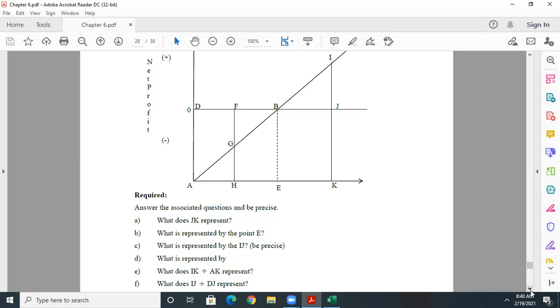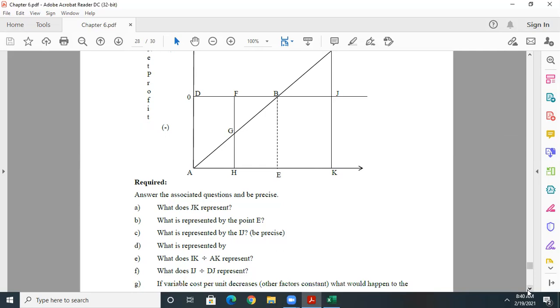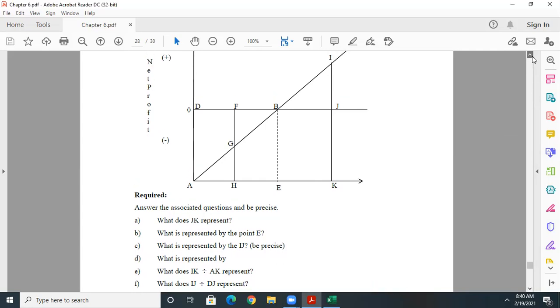You can try the rest of the entire thing. Good. Yes, very correct. Keep doing. Come up to part F. Then we'll look at that.